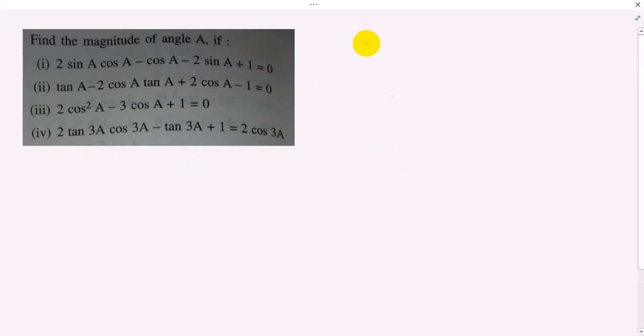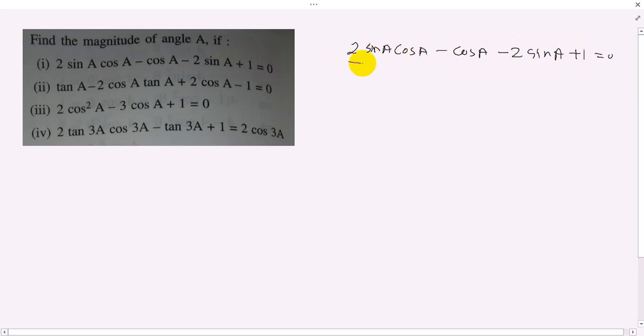Now see the first question. The first question is 2 sin A cos A minus cos A minus 2 sin A plus 1 is equal to 0. What is common here and here? In both of them, cos A is common.